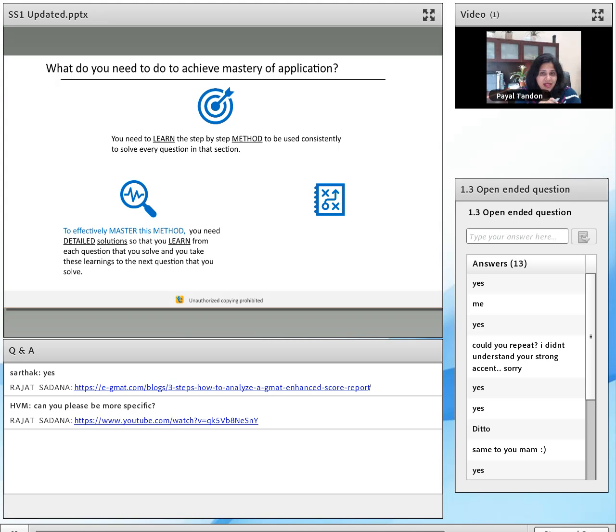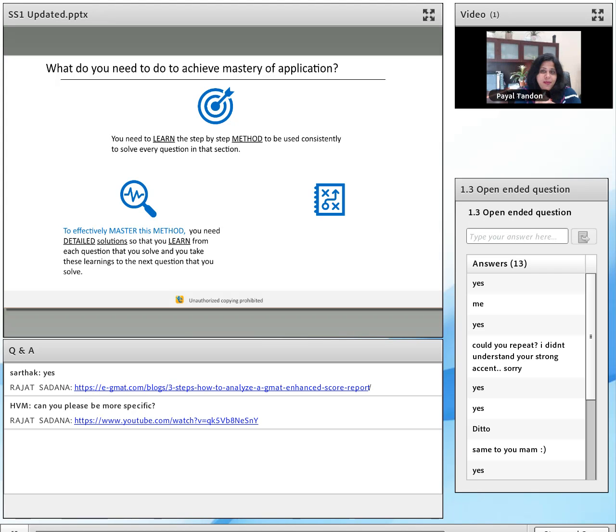You carry on with the method that is to be used consistently to solve each and every question. Okay, so in order to accomplish that mastery with an optimum number of questions, and I'm using the word optimum very cautiously because, as I said, you should not be solving thousands of questions, you need to have a very solid approach to achieving that mastery of application.